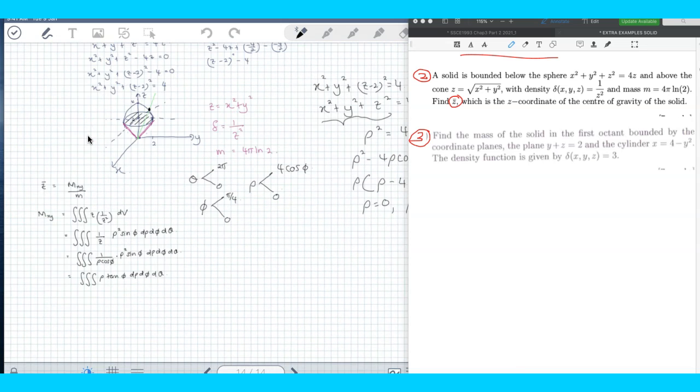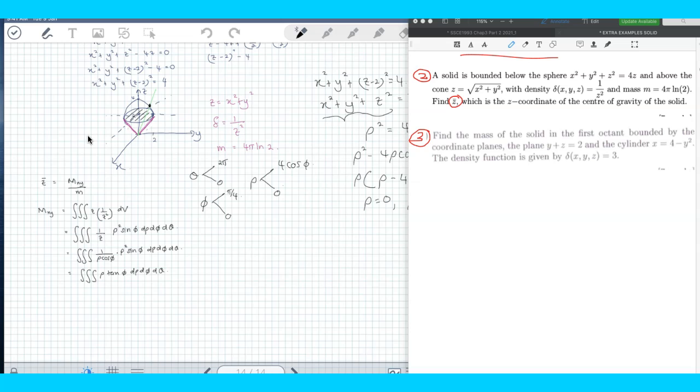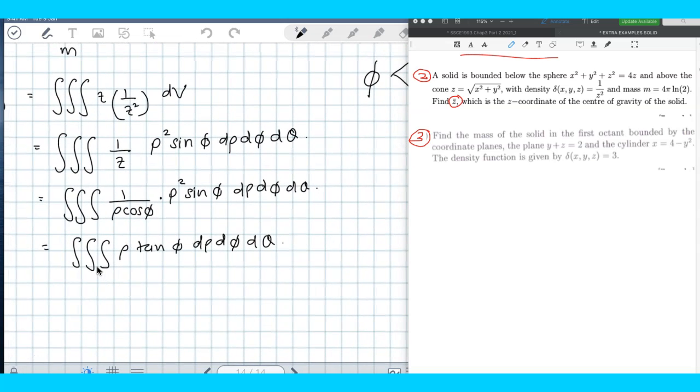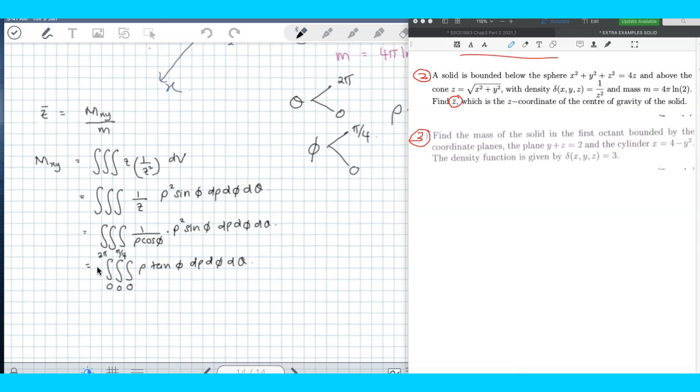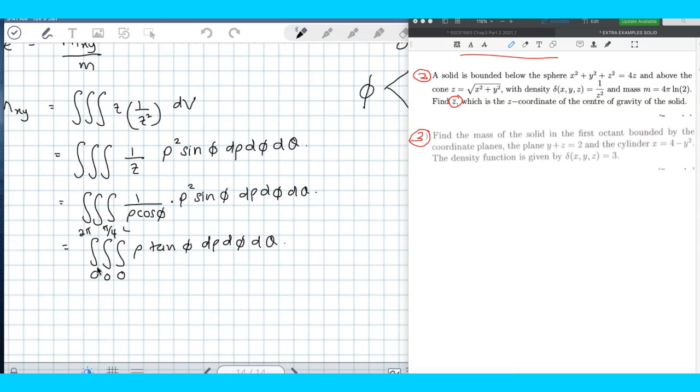So now we plug the limits into our triple integral. So theta from 0 to 2 pi, phi from 0 to pi over 4, rho from 0 to 4 cos phi. Okay, then we can integrate.